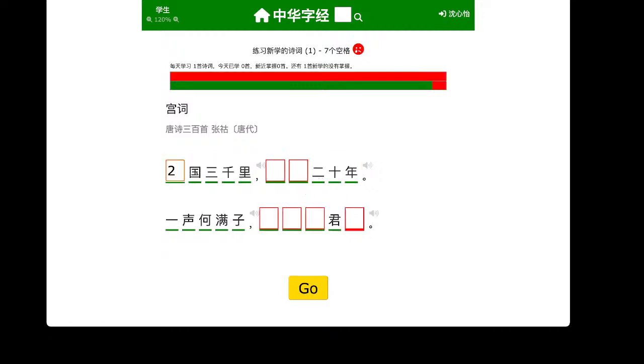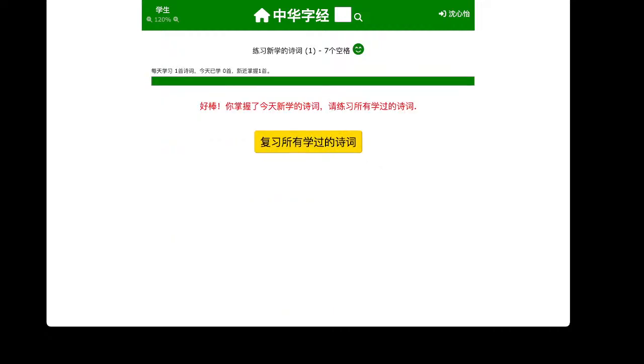I slapped that space bar too fast. 双泪落君前！好棒！你把握了今天新学的诗词，请练习所有学过的诗词。Do I really want to do that?